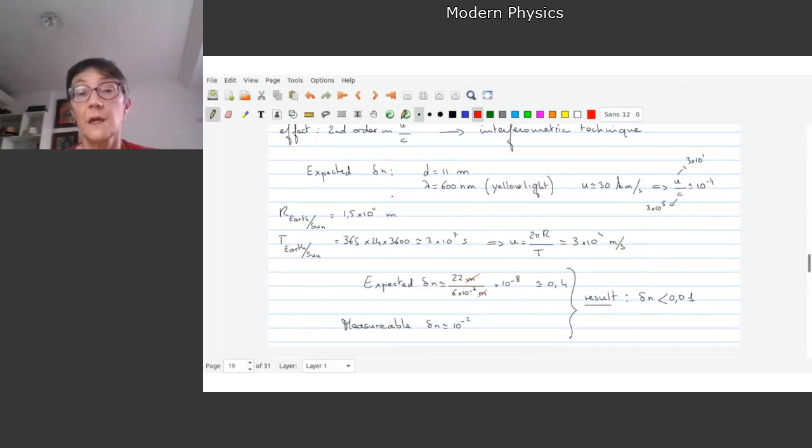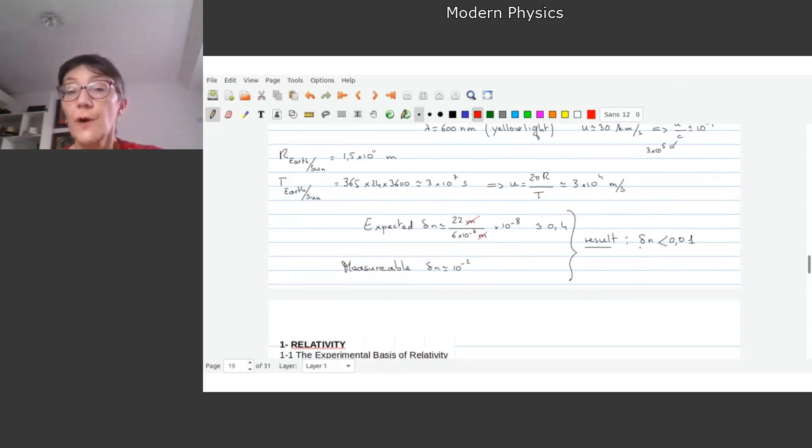When you calculate the fringe shift, knowing the relative velocity of Earth moving around the sun at around 30 kilometers per second, you should have something like 0.4 of a fringe, almost half a fringe.